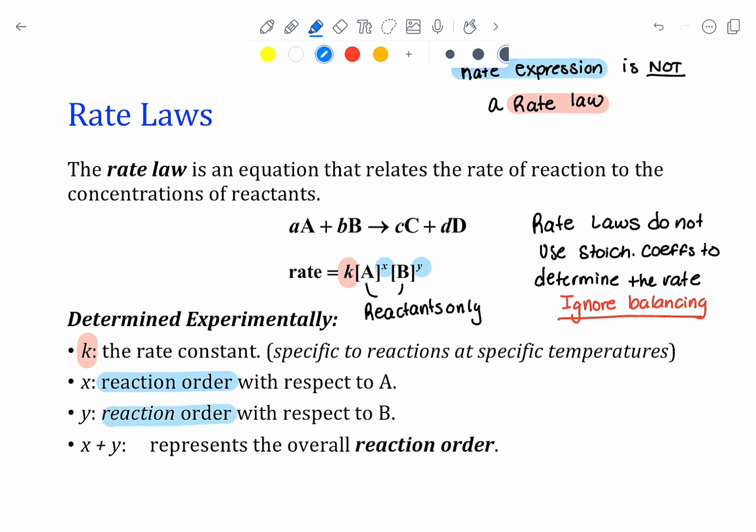Okay, the reaction orders with respect to either reactant A or B. So X would be the reaction order with respect to reactant A, and Y would be the reaction order with respect to reactant B. The reaction order is how we're going to have a relationship between the rate of the chemical reaction and the concentration of that particular species.